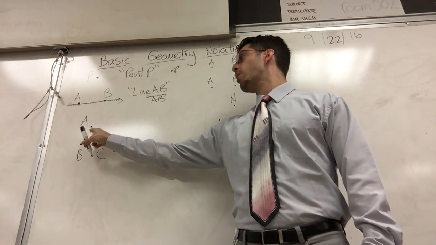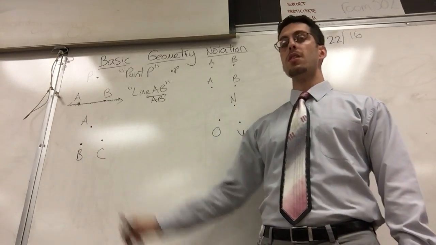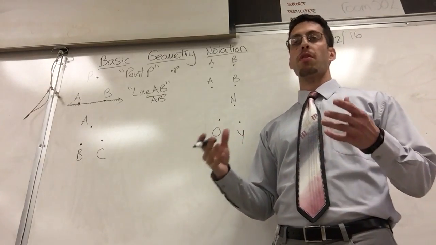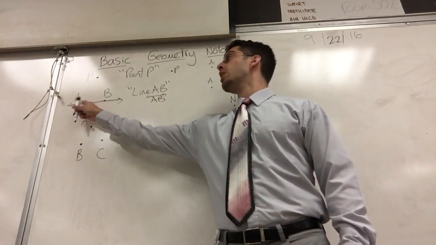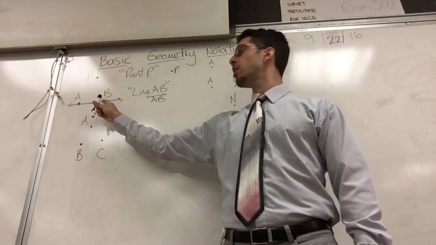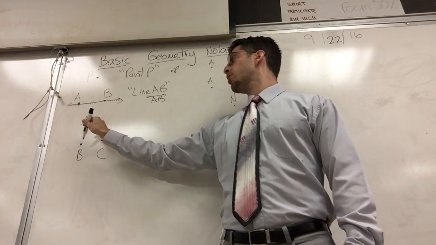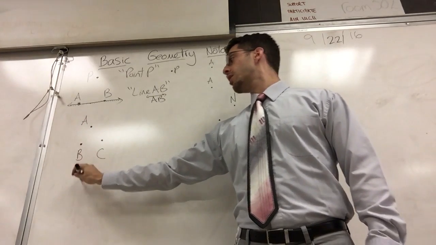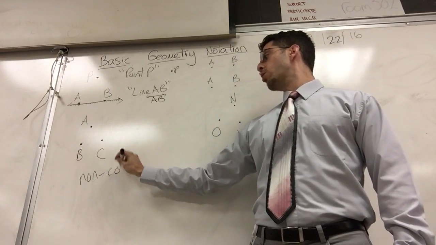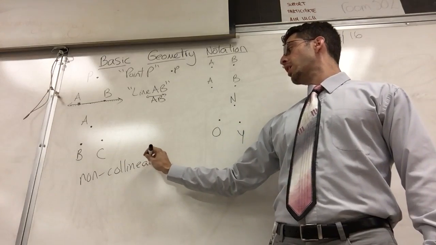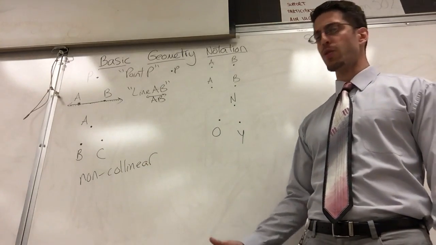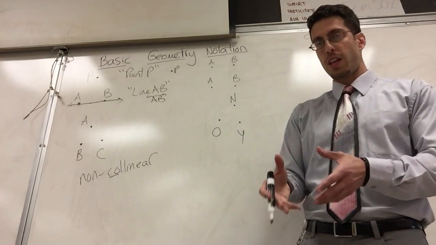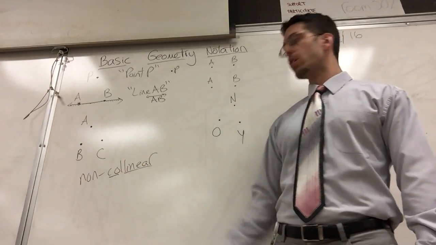Next, I see point A, I see point B, I see point C. If I wanted to keep 3 points that are not on a straight line, these are called non-collinear. A lot of people look at this word, they can't even pronounce it or they don't know what it means. Look at it slowly. Co means the same or together, and linear means on a line.